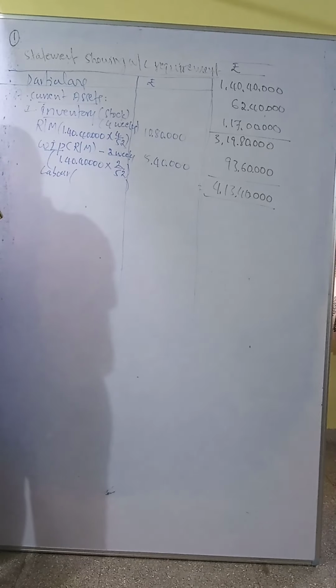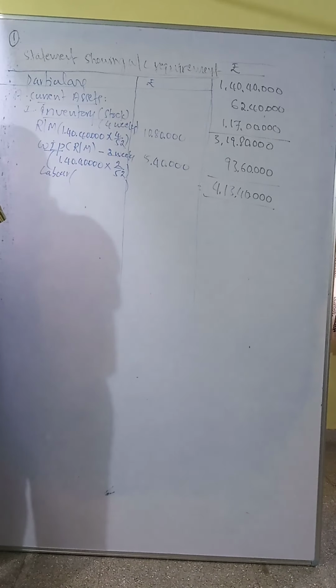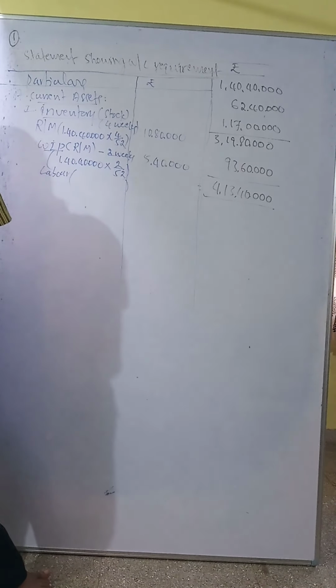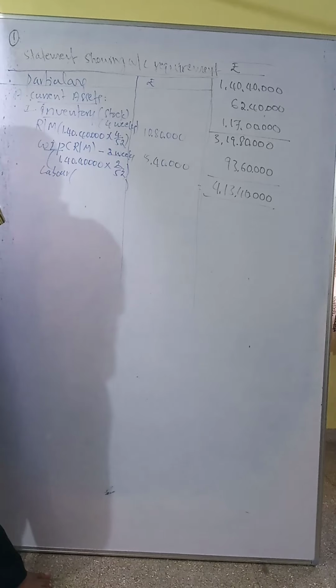Labor cost or wages: wages and overheads accrued, and the time period required is 4 weeks, equivalent to 1 month.